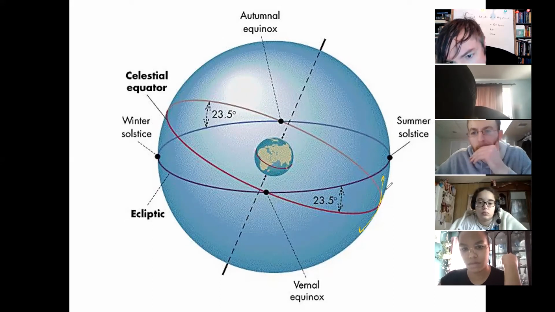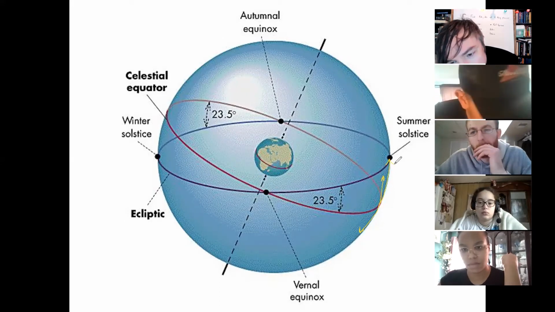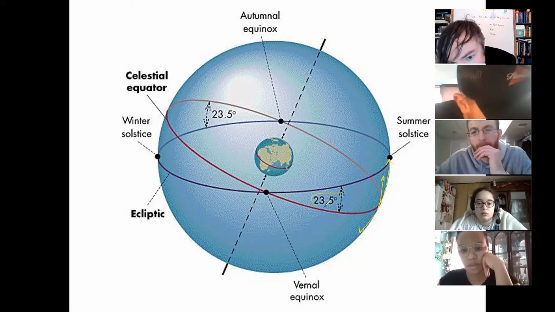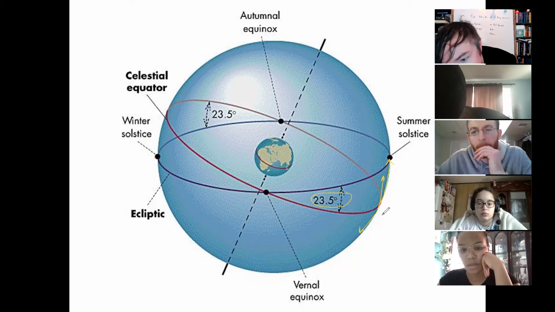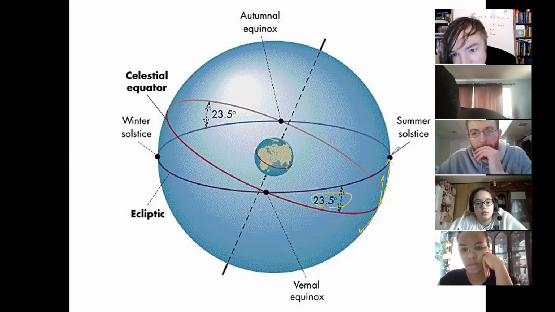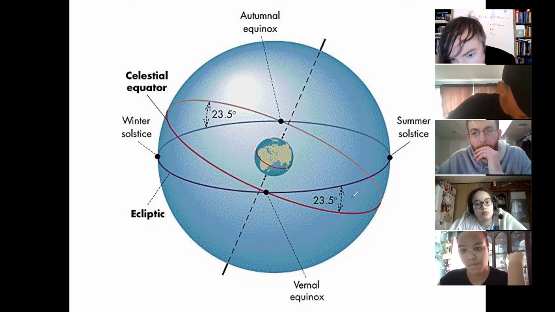And then for a moment, he was scratching his brain thinking, wait a minute, how am I supposed to know how many degrees that is? And then I showed him a hint. I was like, look, they might have tipped you off there in the diagram. So he said, oh, okay, so it's positive 23.5 degrees above the celestial equator because it's kind of marked there. Do you see that angle? Yeah. This is an angle, all right?